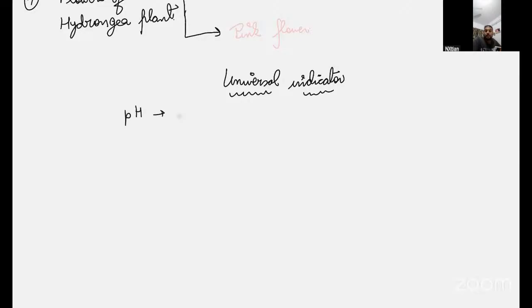If a question comes in an MCQ asking which indicator is called the universal indicator, the answer is pH. Did you understand, Amar? Understood.